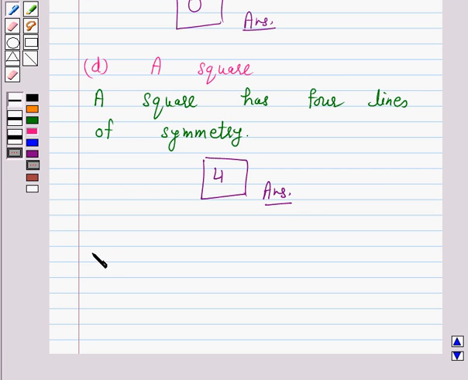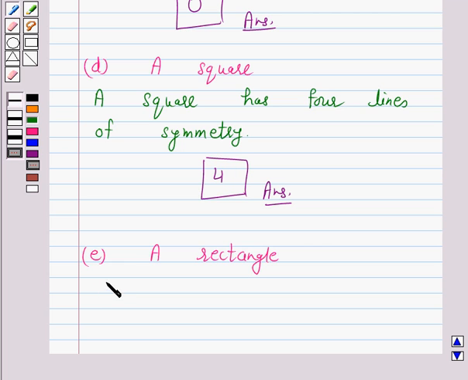Now our next figure is a rectangle. Opposite sides of a rectangle are equal and each of its angles is a right angle. So in a rectangle we can have two lines about which, if the figure is folded, then the two parts of the figure will coincide.